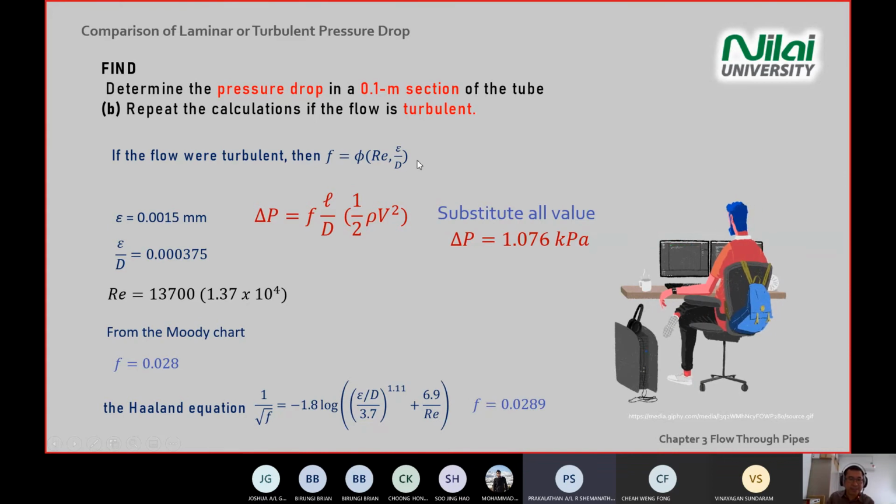Okay. Beside the Reynolds number, what is the unit? It's a pi. Okay. So this presentation is just a mathematical presentation. It's just saying that when it's a turbulent flow, your friction factor will be affected by these two parameters.